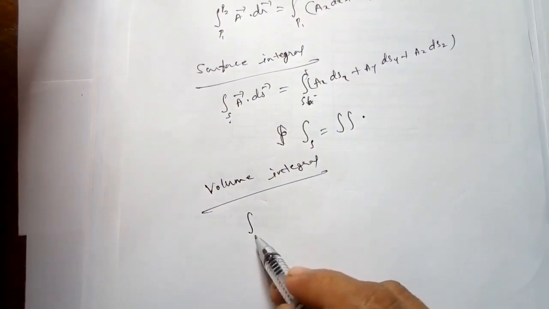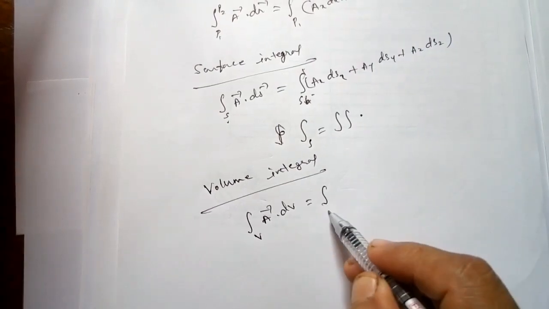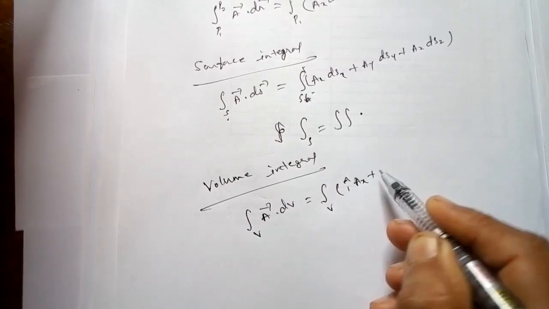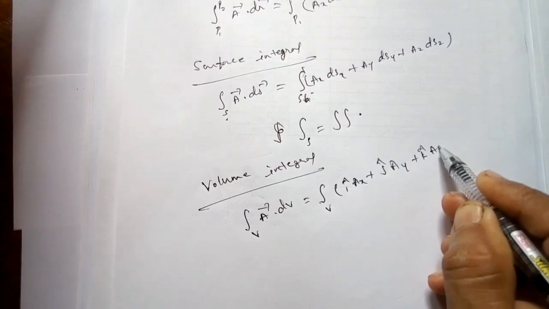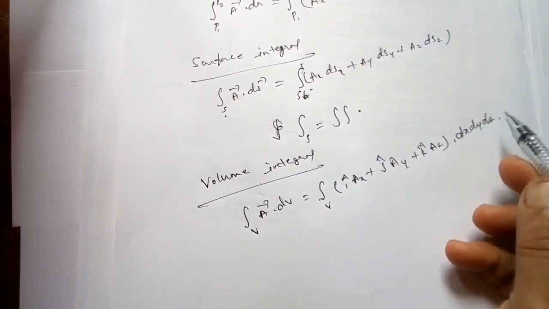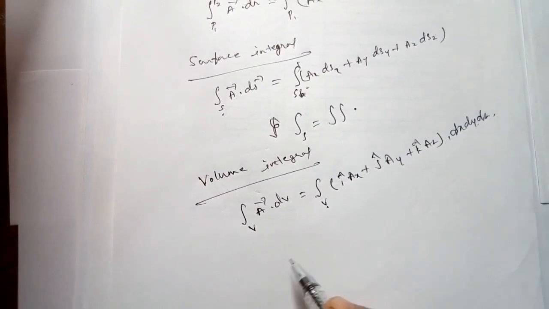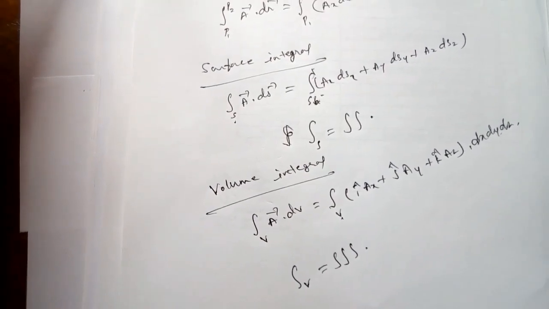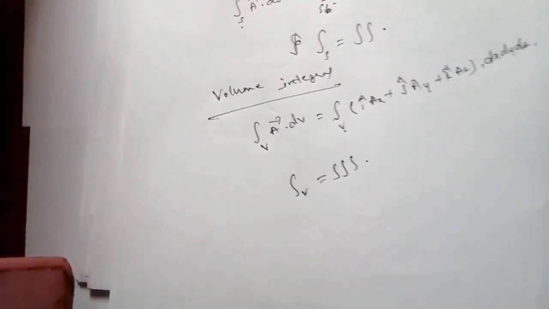We defined the volume integral of A dot dV over V as the integral of (i cap Ax plus j cap Ay plus k cap Az) dx dy dz. The subscript V indicates it is a triple integral.